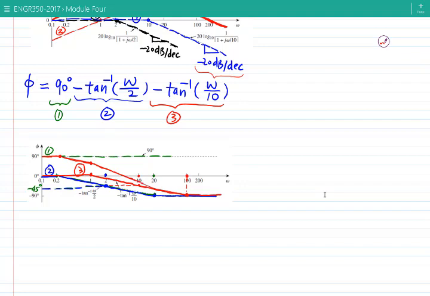And when we reach a frequency equal to 20, we have to bend again. Until we reach a frequency equal to 100, the phase angle will be minus 90 degrees.